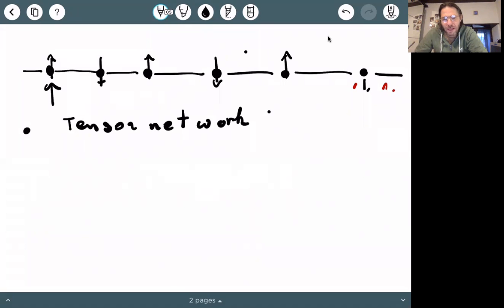I just want to put there a keyword that you might hear if you Google quantum many-body, one of those keywords, such as AI, artificial intelligence, that is very popular these days. Tensor networks are precisely ways to represent the quantum wave function in a low-dimensional fashion by retaining only the relevant parts of the quantum wave function.